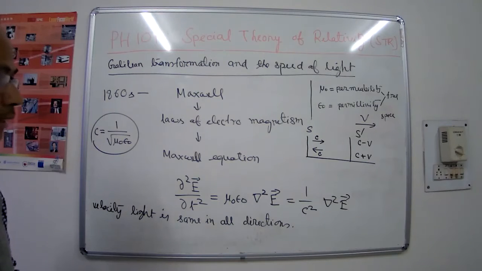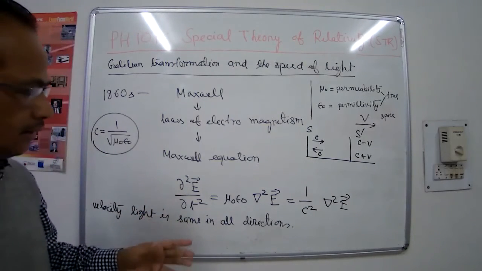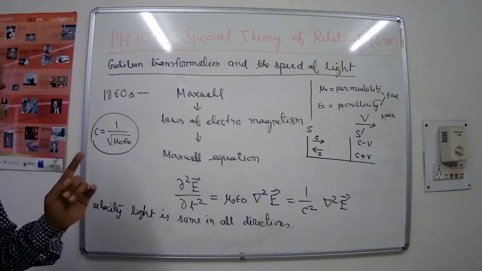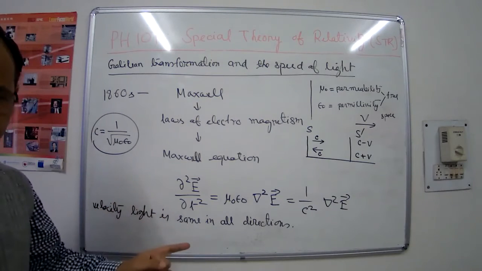So it was very difficult to imagine that something is inadequate in Newtonian law. So different theories were proposed. One such theory was that there is a medium called ether, and light propagates with the velocity of c only in ether.